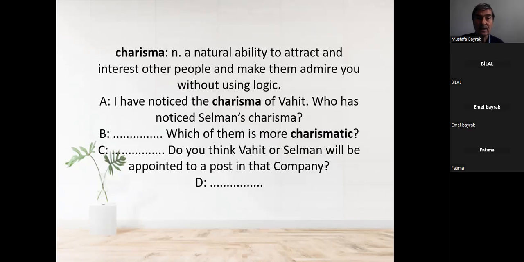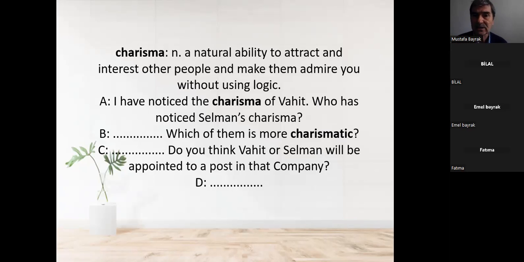For example, A, I have noticed the charisma of Wahid. So Wahid has the charisma. Who has noticed Selman's charisma? My father has noticed Selman's charisma. Which of them is more charismatic? Yeah, Selman or Wahid. So Selman is more charismatic than Wahid.